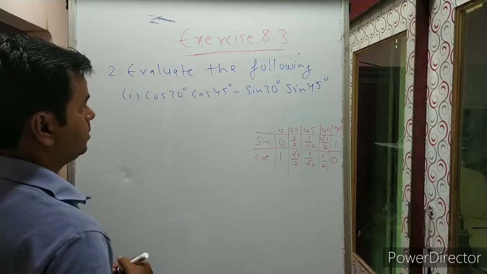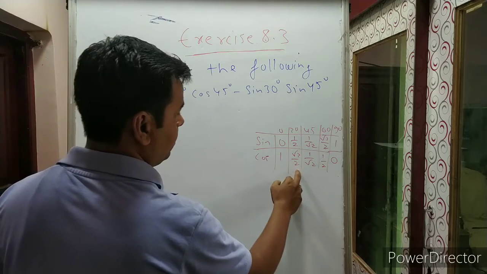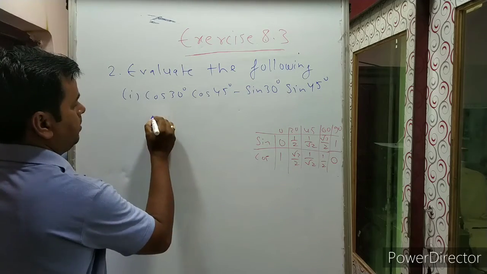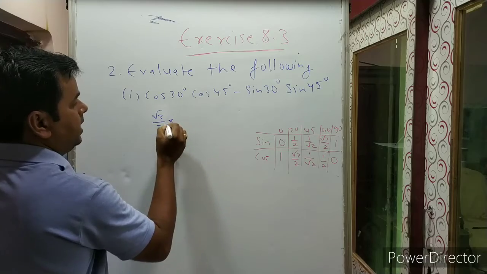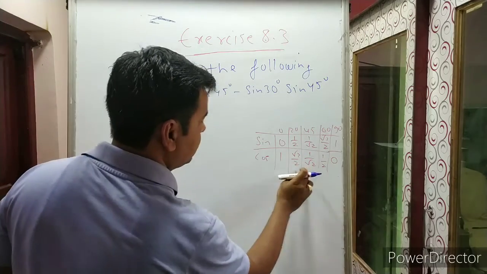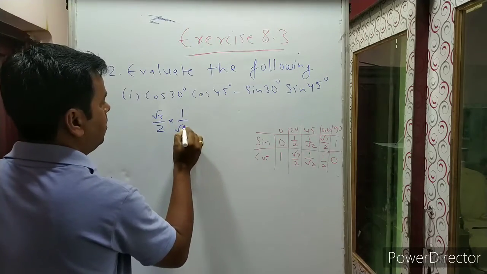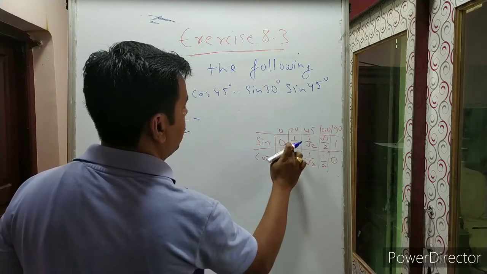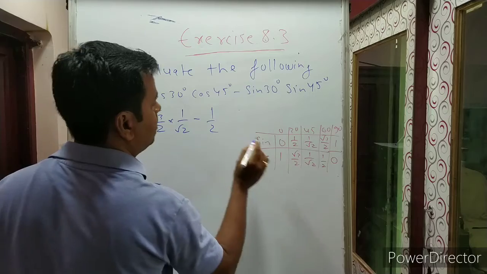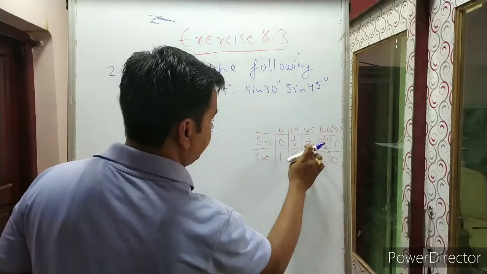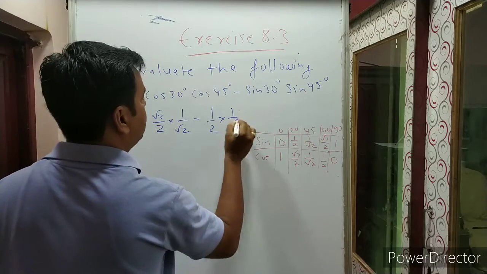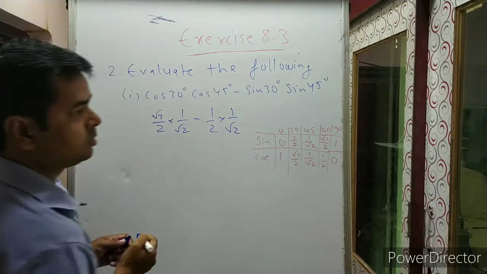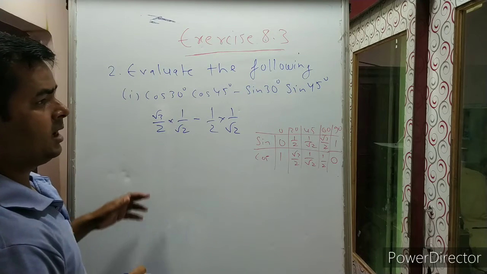So cos 30 will be root 3 by 2 into cos 45 is 1 upon root 2, minus sin 30 will be 1 upon 2, sin 45 is 1 upon root 2. So both are the same thing.